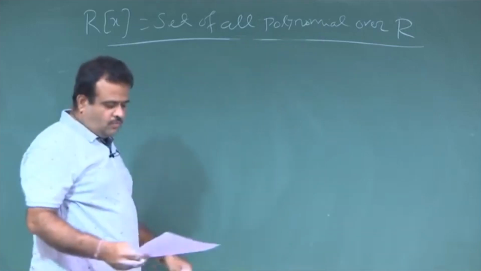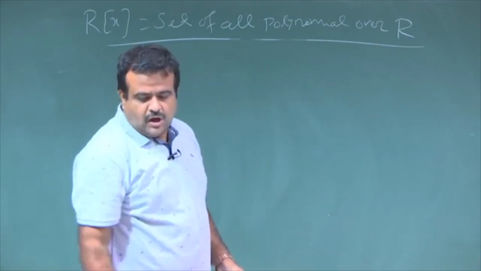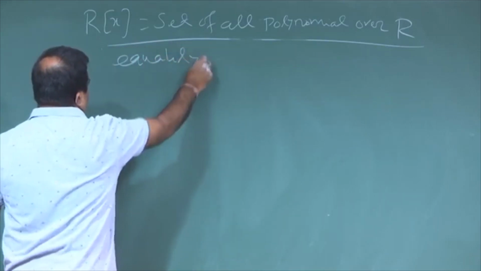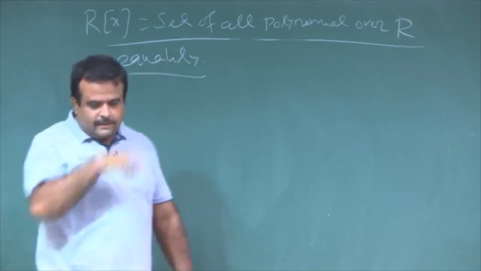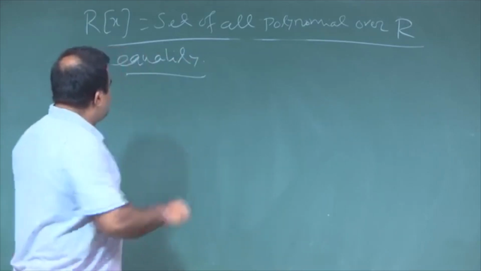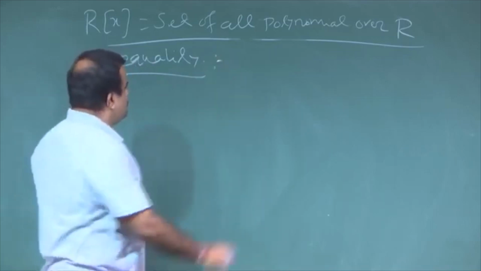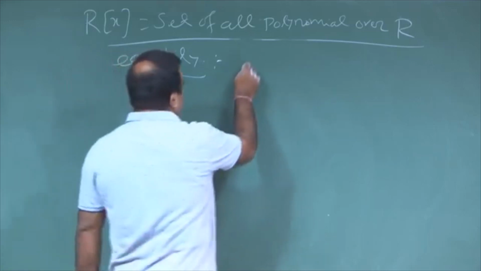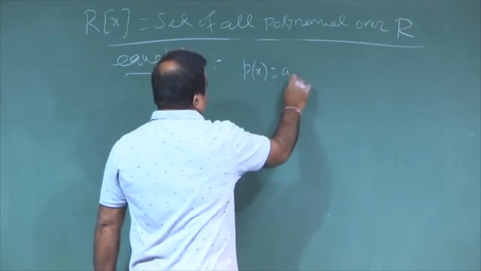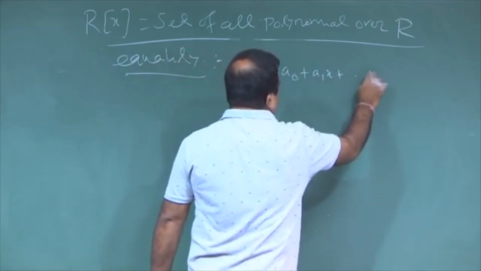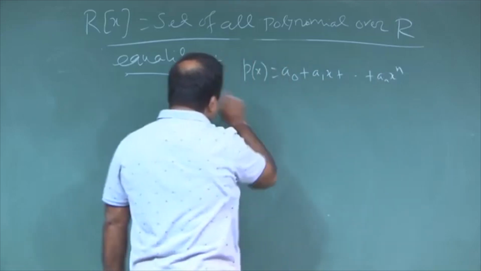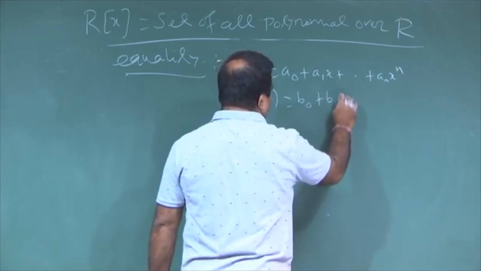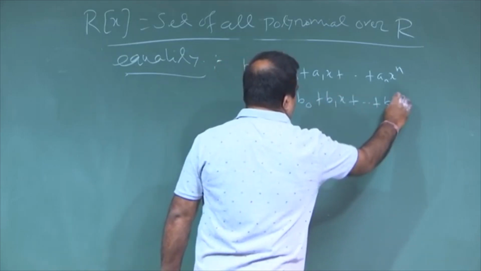When we say two polynomials are equal, we define the equality of two polynomials. Equality means if you have two polynomials of the same degree n, say p x with coefficients a 0 and so on, and another polynomial q x, b 0 plus b 1 x plus dot dot dot b n x to the power n.